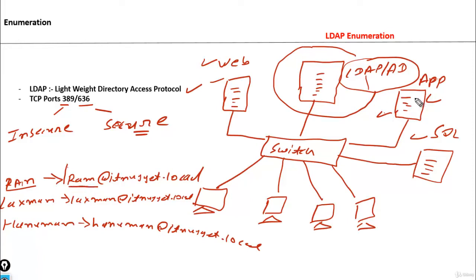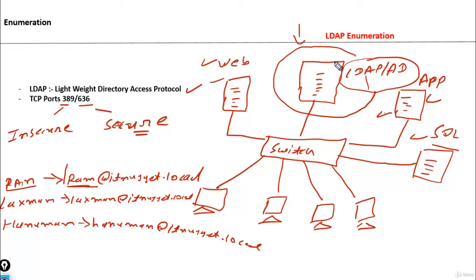When he tries to access SQL, again he will use the same credentials. It means we will create all the users in LDAP or Active Directory, and this server will act as a centralized management of users and groups.